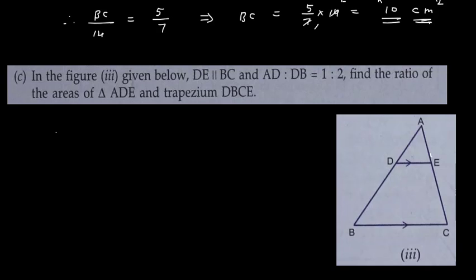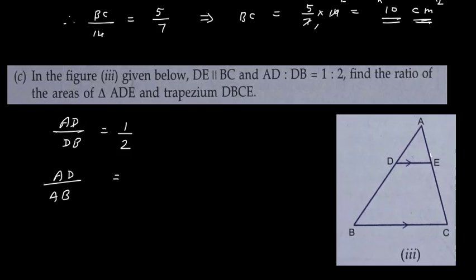Here I have given AD upon DB. AD upon DB is given 1 upon 2. But what I have to find? I have to find the value of AD upon AB. What I need? I need AD upon AB. Okay.